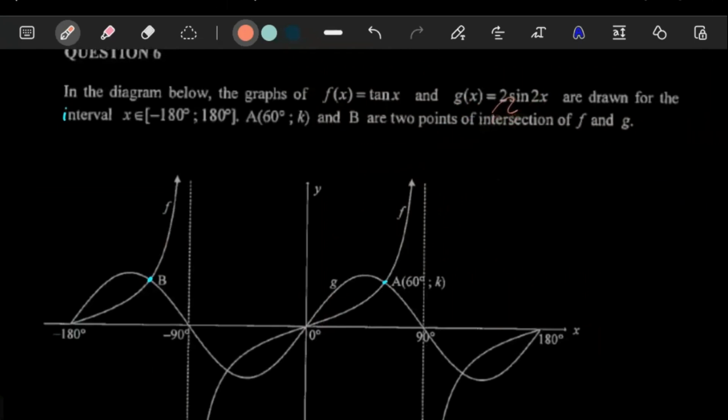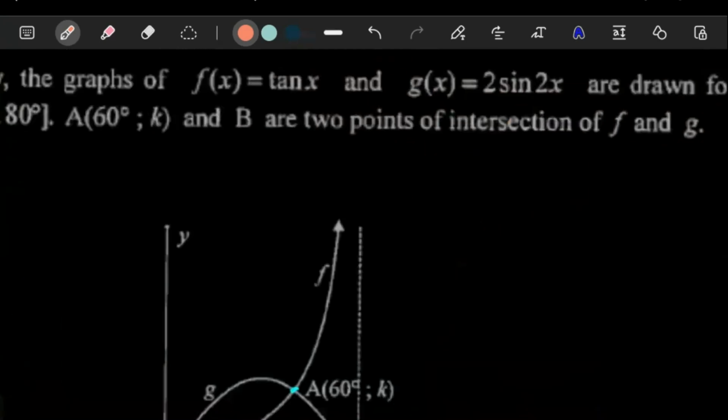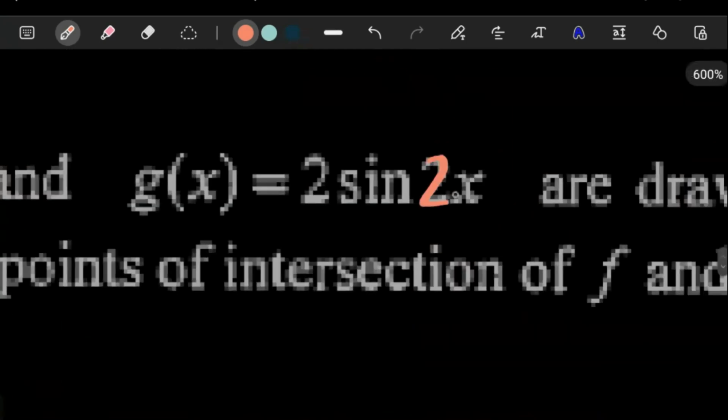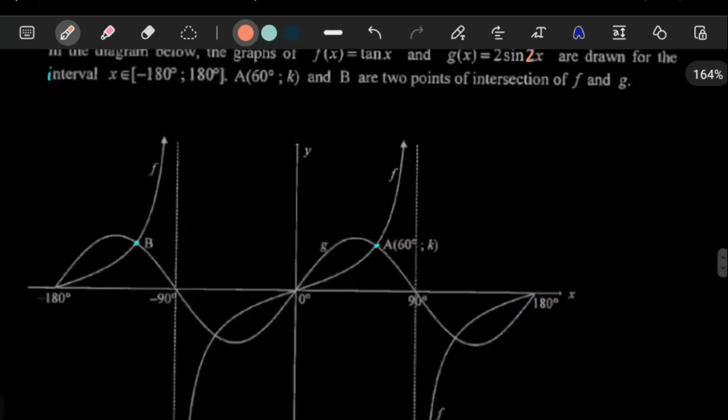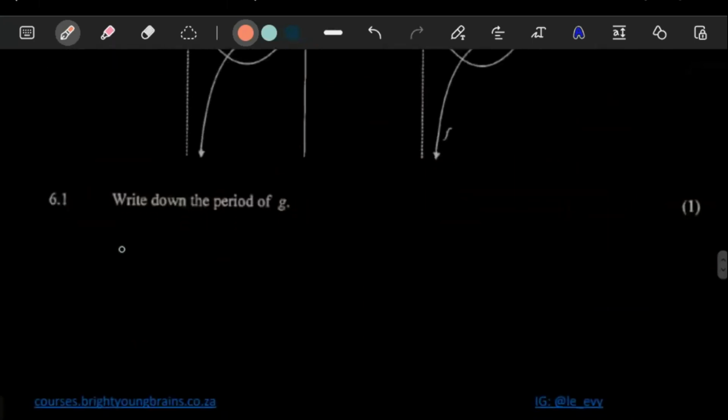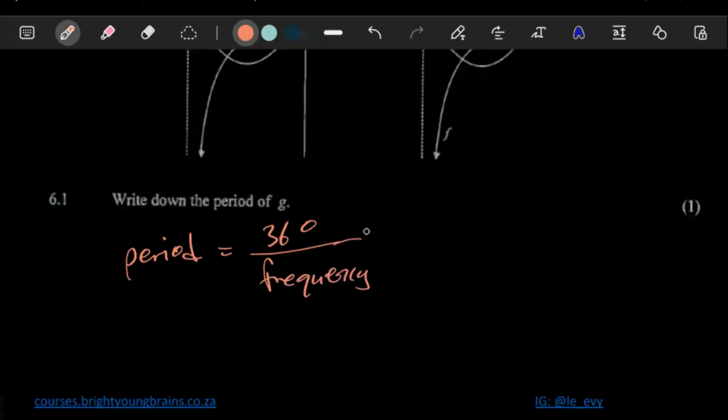What is it that we know about the sine graph? The sine graph has a frequency of 2. This is what gives you the frequency. Now you have a formula that says your period, for a sine graph and a cos graph, is always equal to 360 divided by the frequency. In this situation the frequency is 2, so you have 180 as your answer.